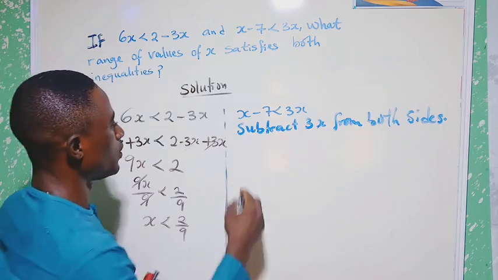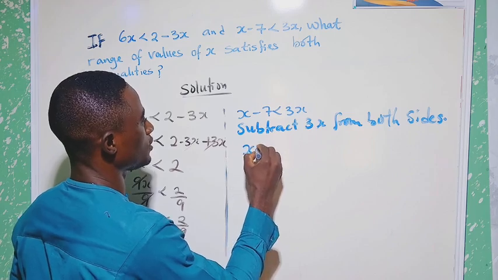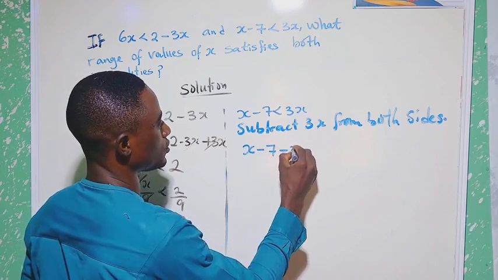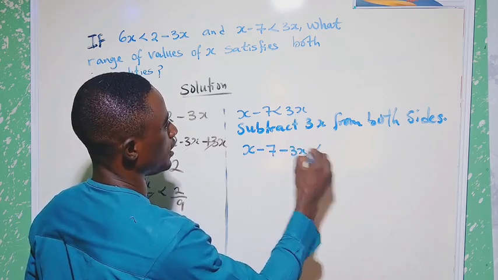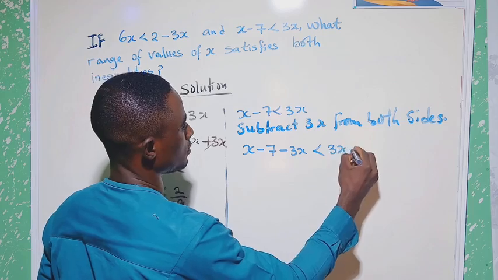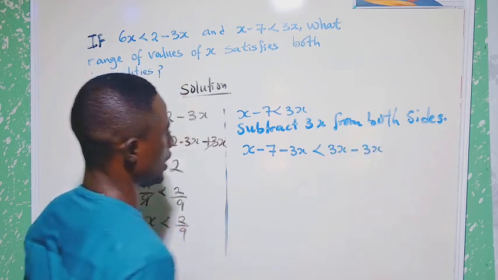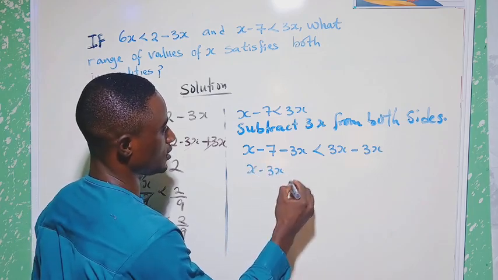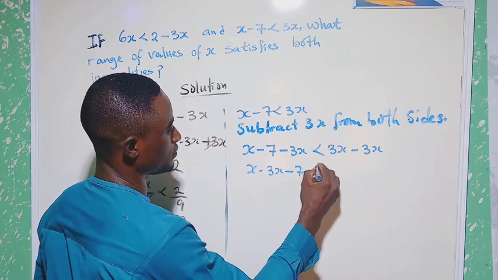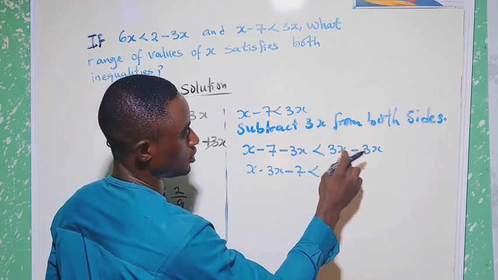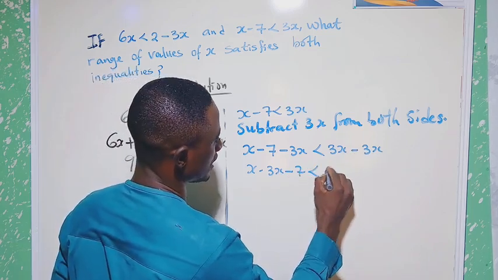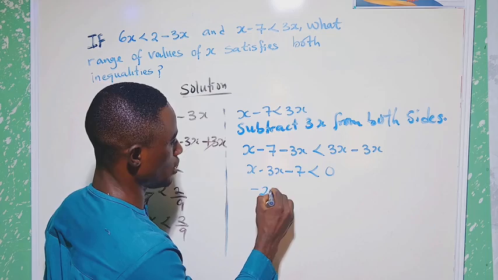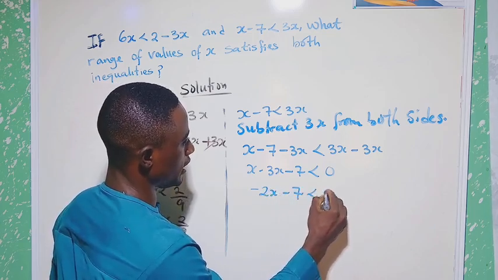Then we have x minus 7 minus 3x less than 3x minus 3x. Collecting like terms, x minus 3x minus 7 is less than 3x minus 3x, which is 0. From here, I have minus 2x minus 7 less than 0.